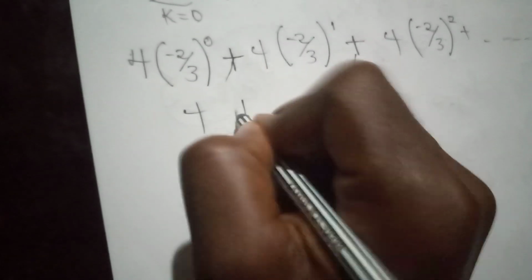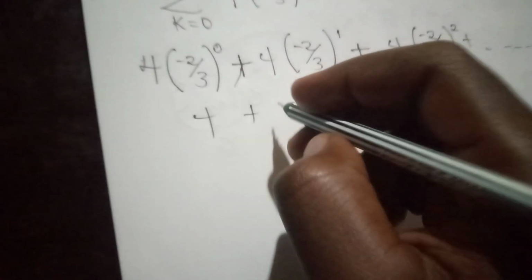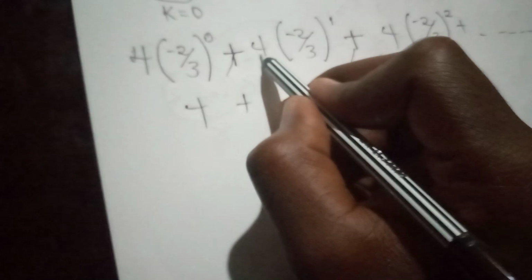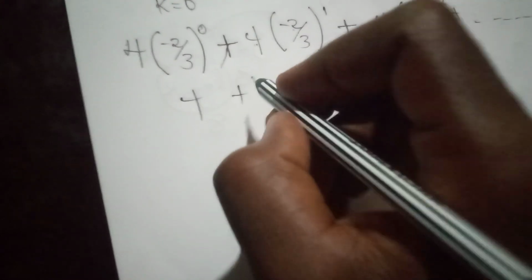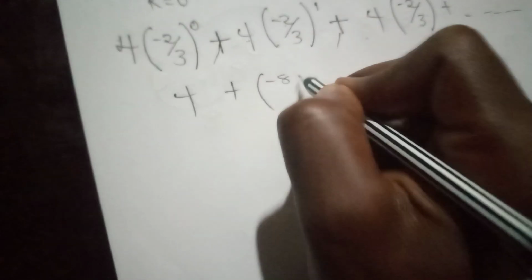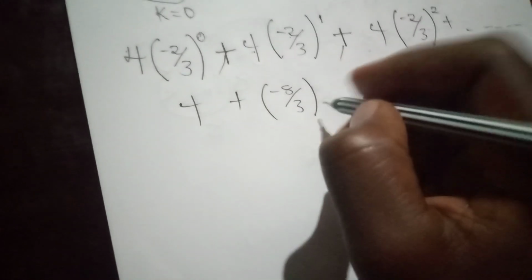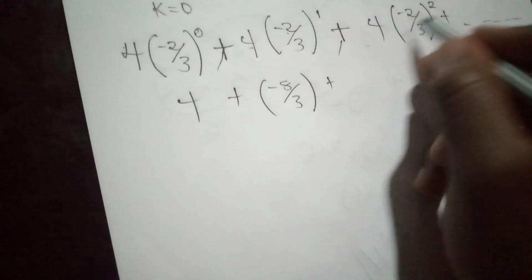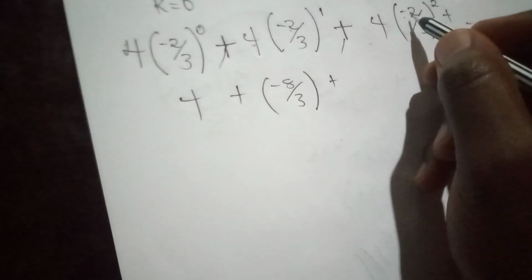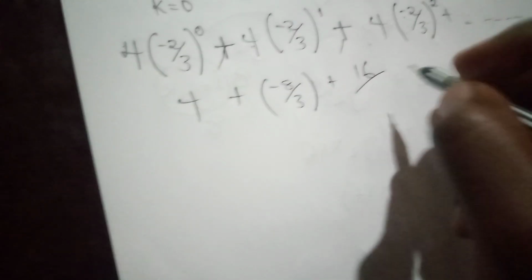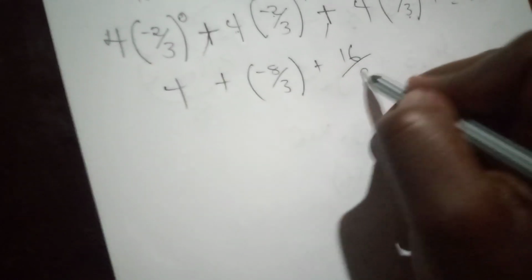Any number raised to power 0 is 1. So it's 4 times 1, which is 4, plus 4 times negative 2 over 3, that is negative 8 over 3, plus negative 2 over 3 squared is positive 4 over 9, so 4 times 4 is 16 over 9.